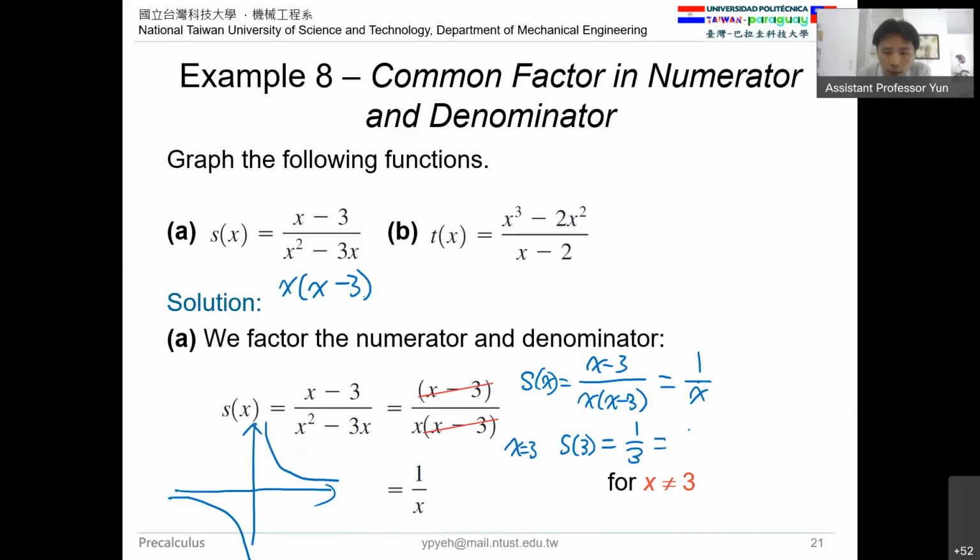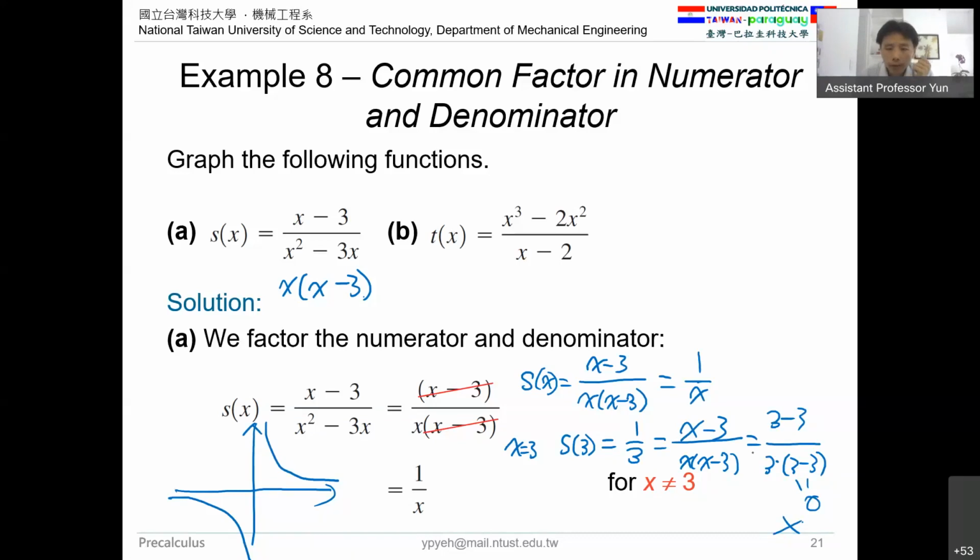Now, if you include the cancelled part here, which will equal 3 minus 3 over 3 times 3 minus 3, you can see this term will come to zero here, which is not satisfied with this function.